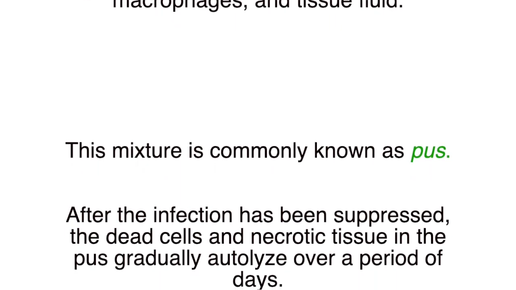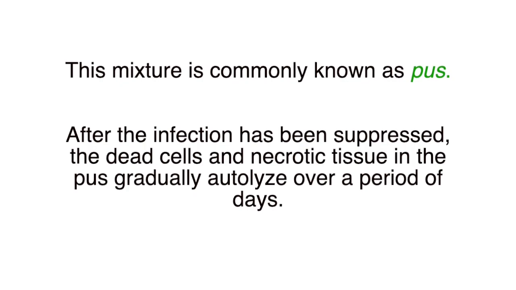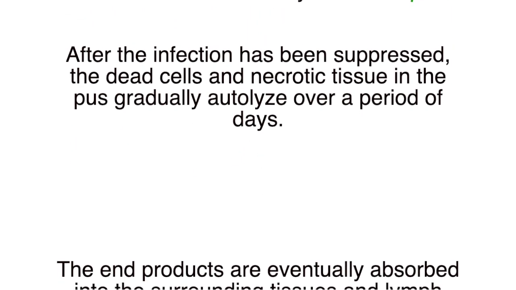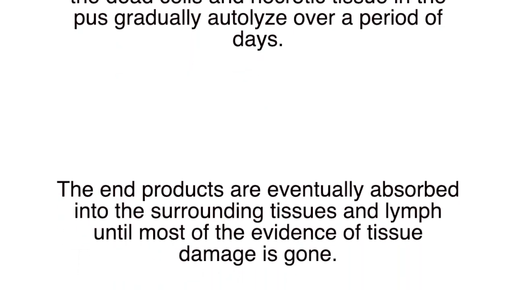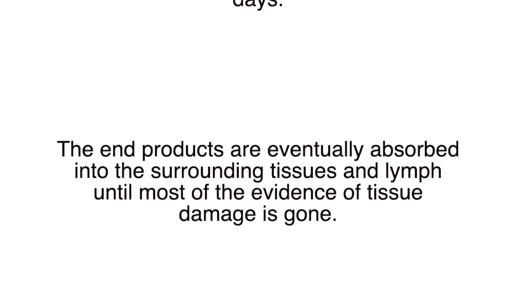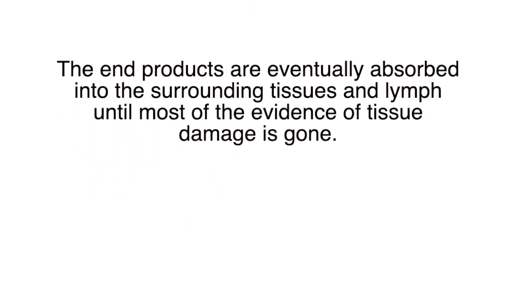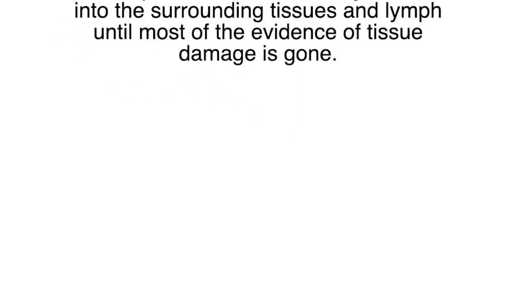This mixture is commonly known as pus. After the infection has been suppressed, the dead cells and necrotic tissue in the pus gradually autolyze over a period of days. The end products are eventually absorbed into the surrounding tissues and lymph until most of the evidence of tissue damage is gone.